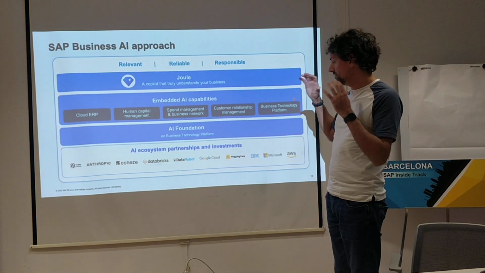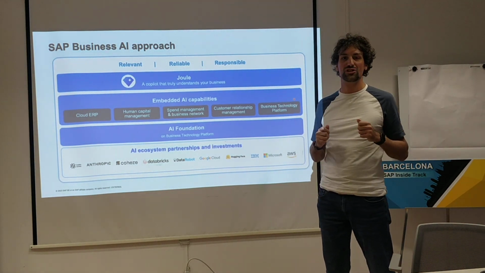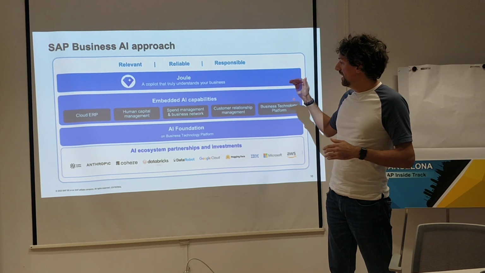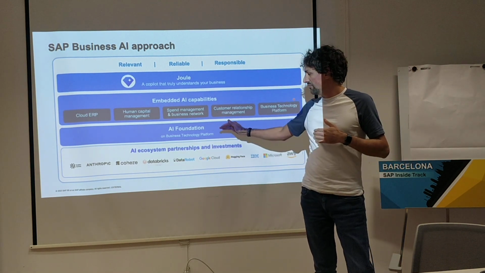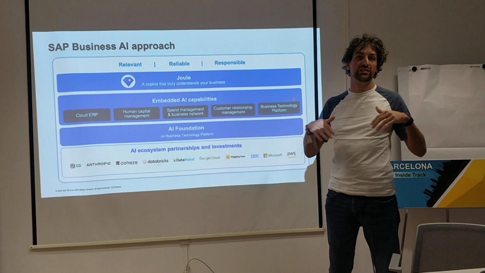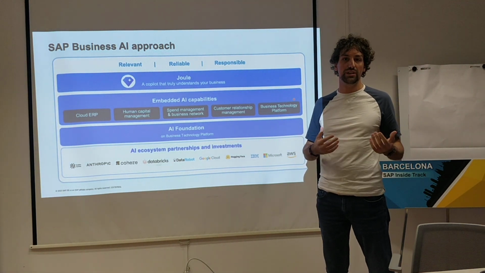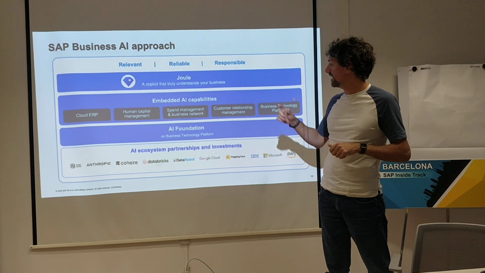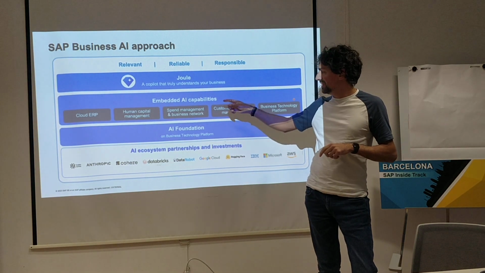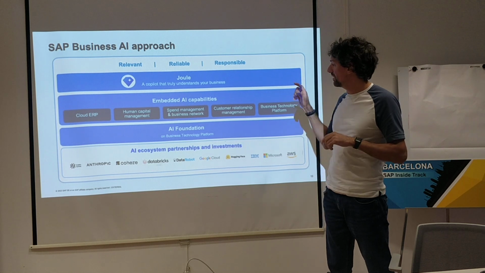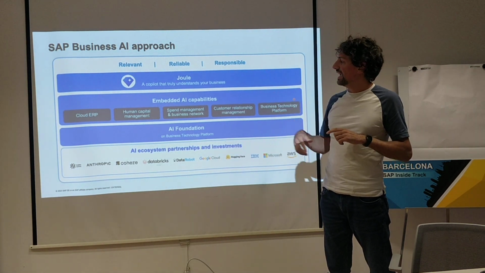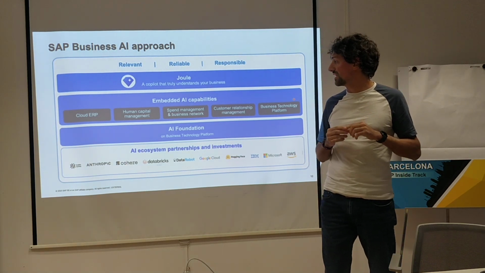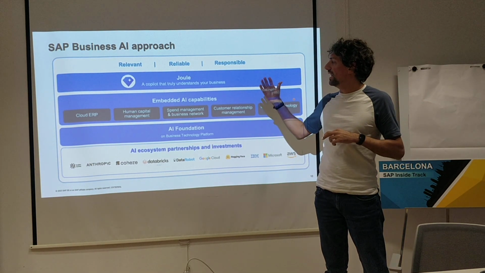So if I now try to merge the previous two pictures, the portfolio and the business AI, this means that there is an AI foundation, again a set of services that we will use to build SAP use cases, but also that you can use to build additional use cases. Then the AI capabilities that we will embed, and I will come to that in a second. And on top, we have decided to put this layer called Joule, our digital assistant or co-pilot.